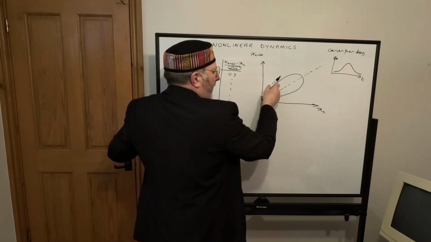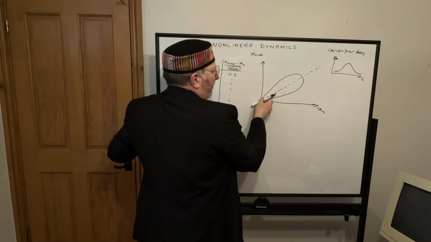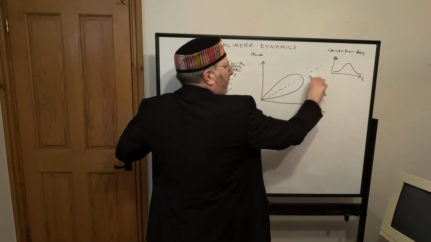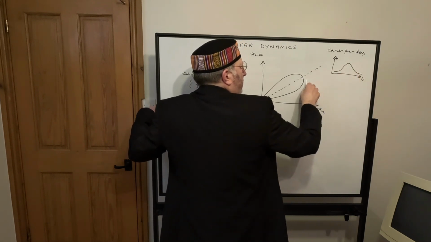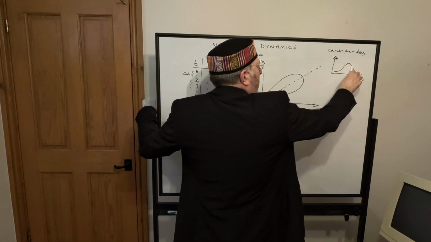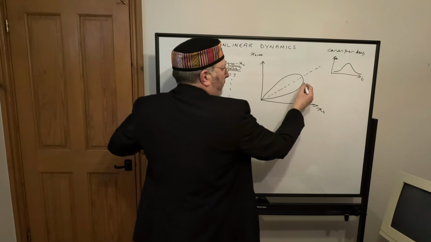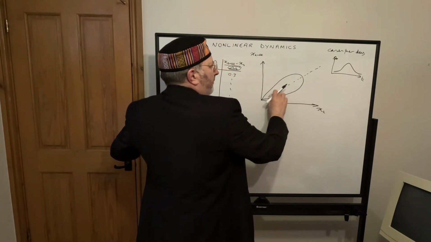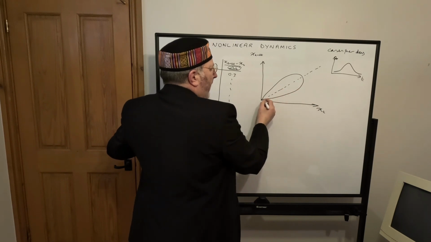It's going to be above that because the cases are increasing. The cases the next day are larger than they were the previous day. But then when we get to the maximum here, it turns around, and now the cases per day are always less than the cases the previous day. So it lies below the line of equality here, and it comes back.